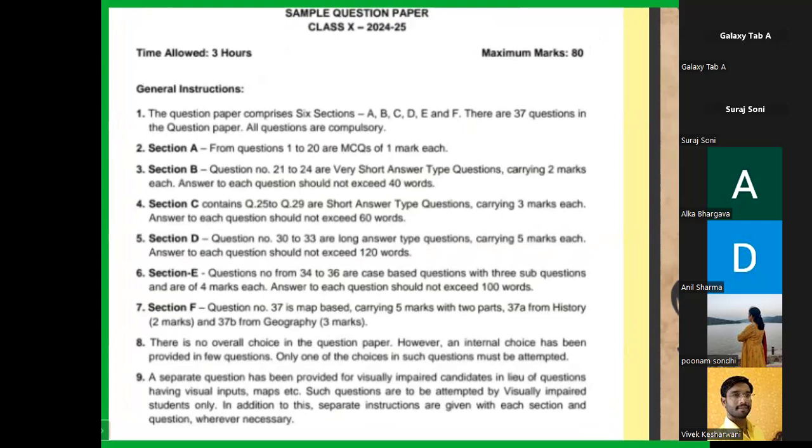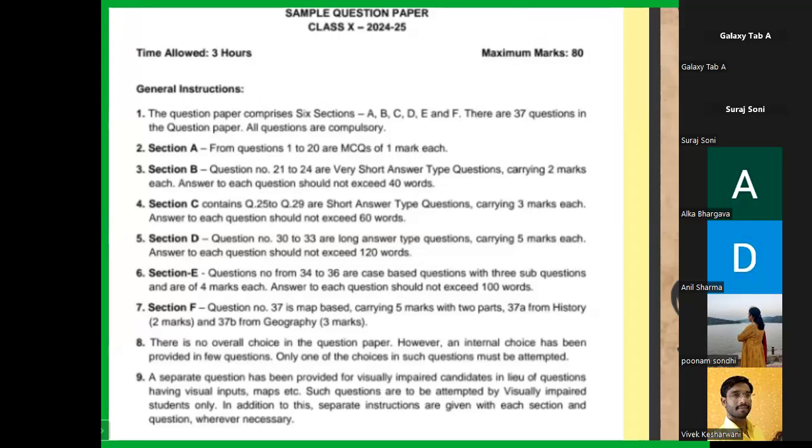Section B is from 21 to 24, and we normally have 4 questions here, and these are very short answer type, carrying 2 marks each. Section C is 25 to 29, and again this is short answer type, and this section contains questions carrying 3 marks each.